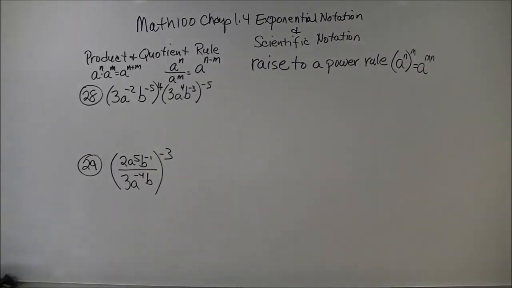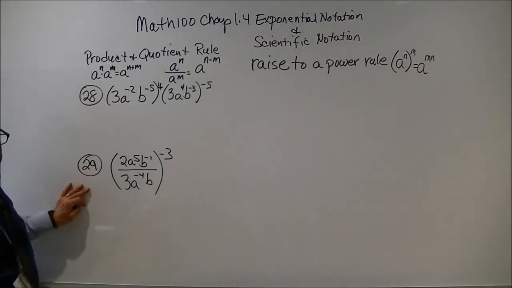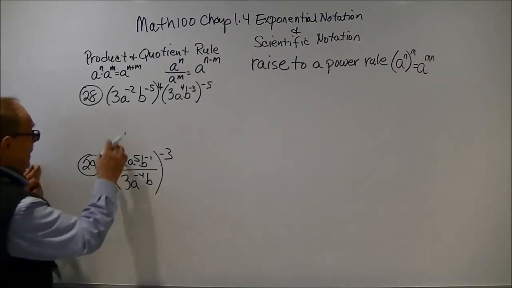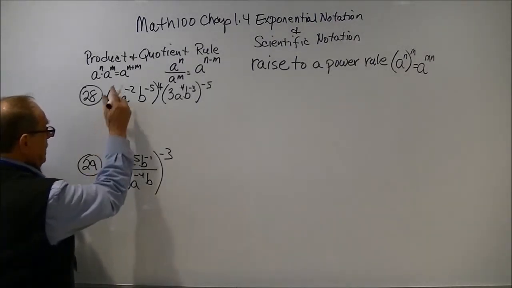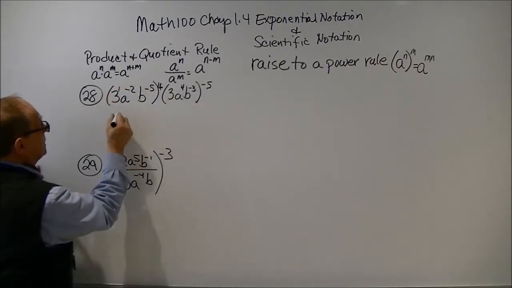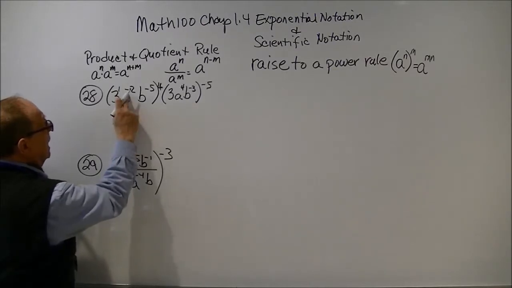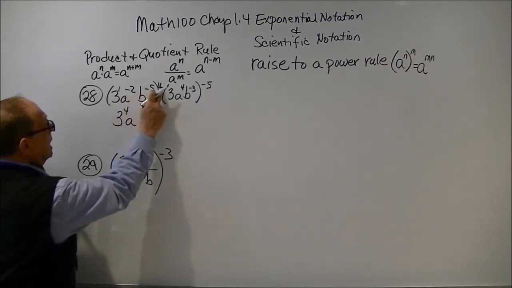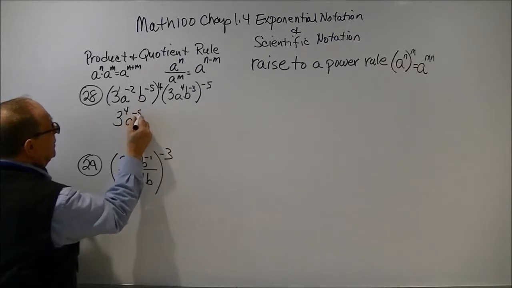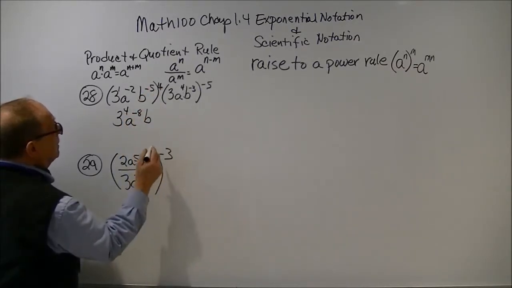As we look at these next two, they are pretty sophisticated, so let's take it step by step. Here we have 3, remember there's a 1 there, to the 4th power. So this is going to be 3 to the 4th. A, -2 times 4, -8. B, -20.